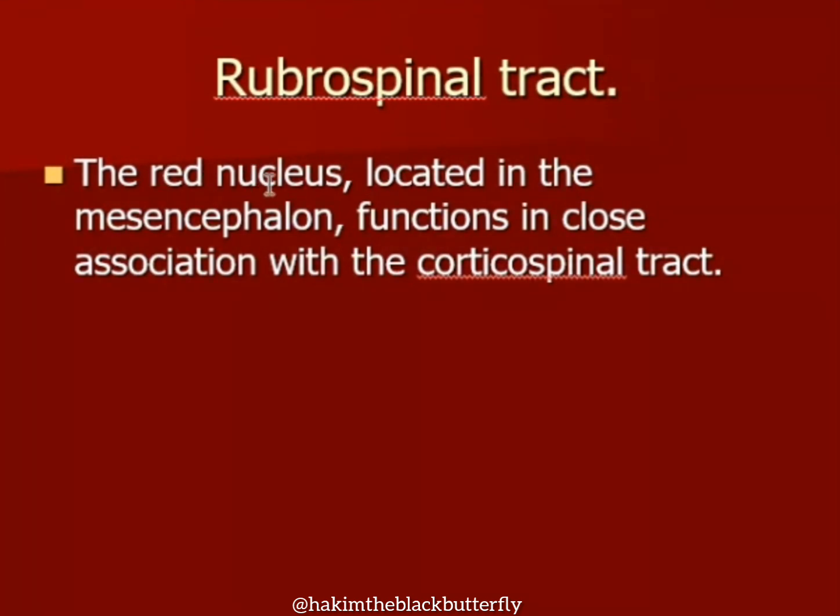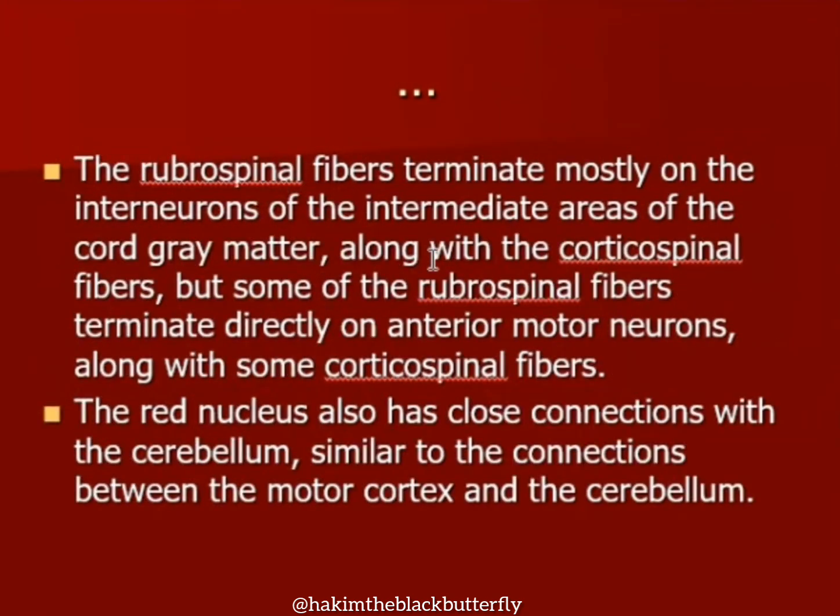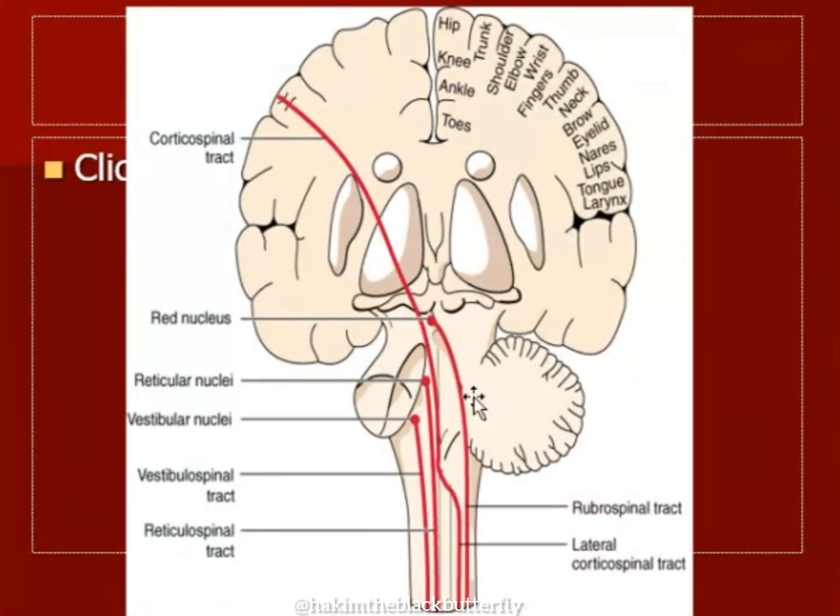Its actions are not voluntary, they are involuntary, but its actions facilitate the voluntary actions of the corticospinal tract. So, when you look at this illustration, we have our midbrain here, and these axons are originating from the midbrain, which is known as the red nucleus.